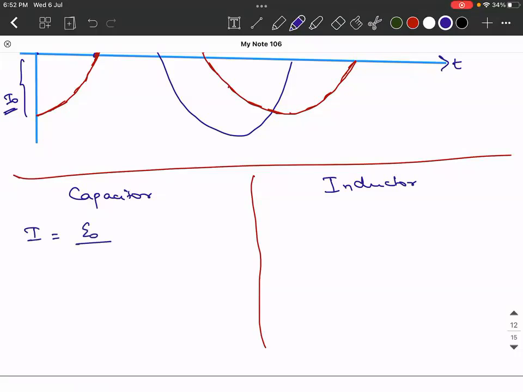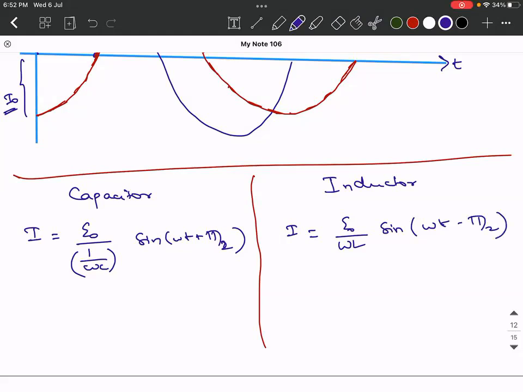For the capacitor, I is equal to E naught divided by 1 by omega C into sine of omega t plus pi by 2. And here I is equal to E naught divided by omega L into sine of omega t minus pi by 2. So this 1 by omega C and omega L have a name: they are called XC and XL. 1 by omega C is called XC, the capacitive reactance.